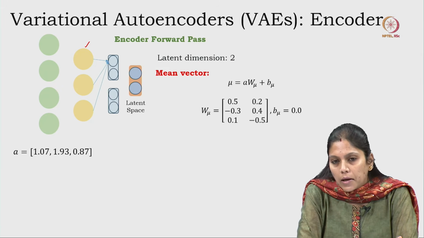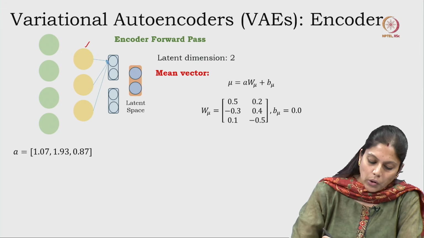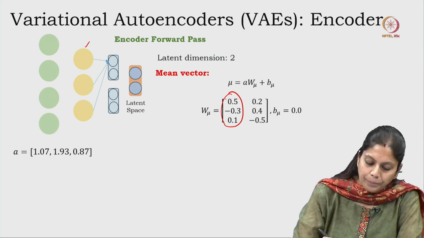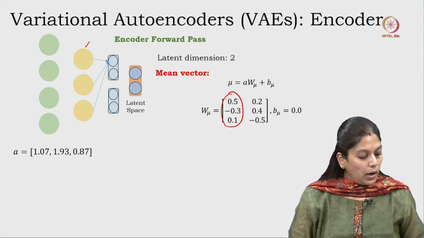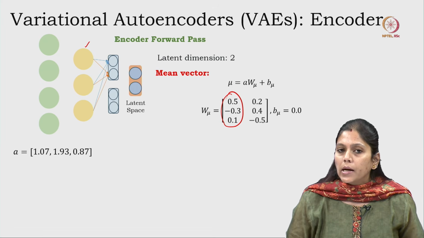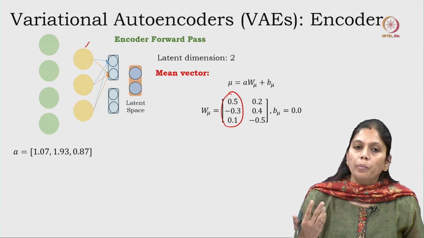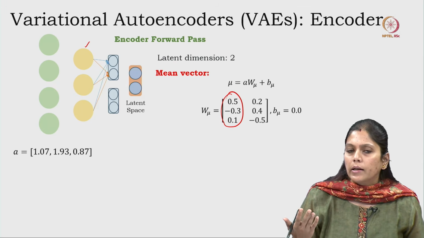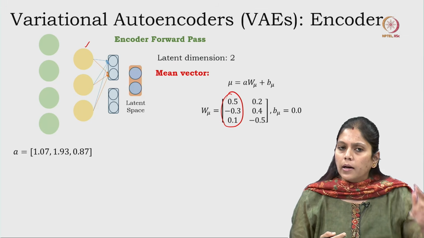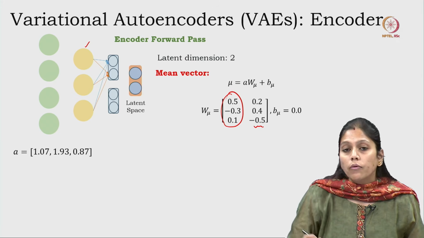Since there are 3 connections, we require 3 weights, and those 3 weights are these. In a similar way we establish a connection like this, because ultimately we require 2 means. Here again we require 3 weights, and these are the 3 set of weights.